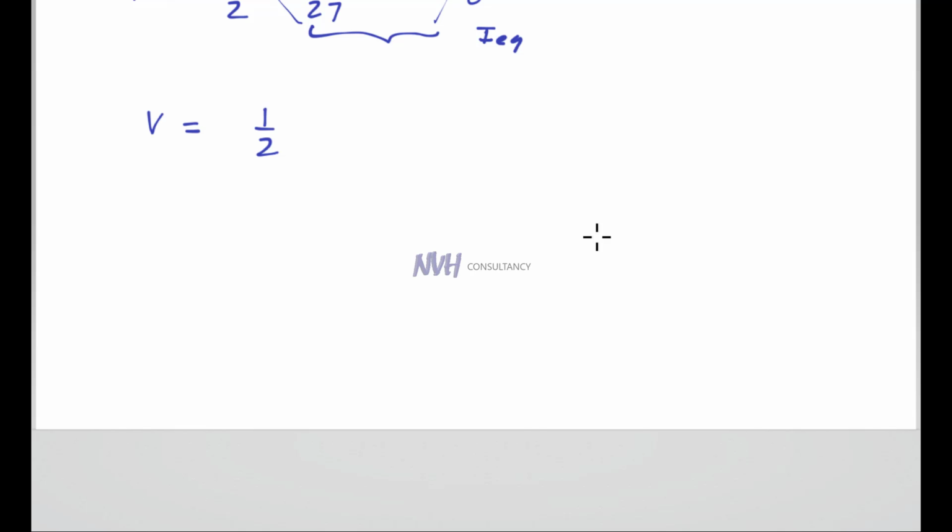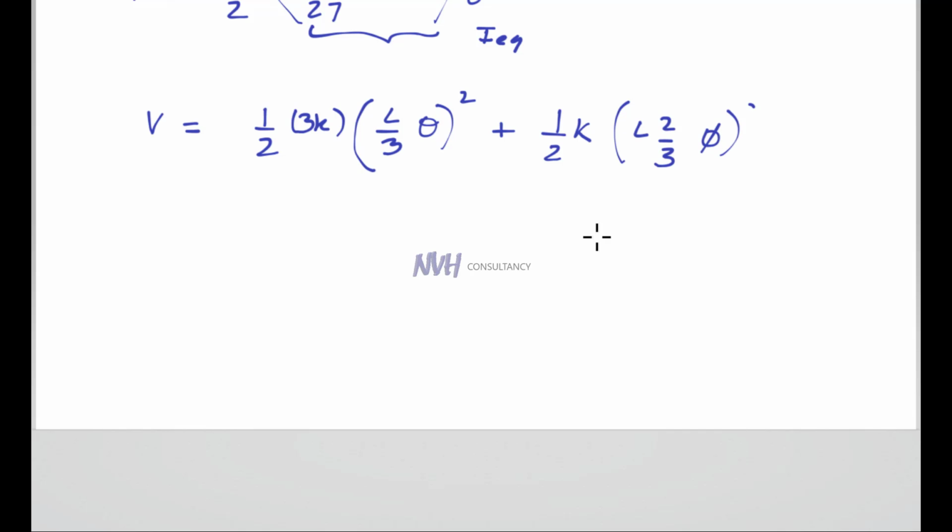The k in this case for the rod AB is nothing but 3k, and the distance x is equal to L by 3 from the pinned location, plus for the rod CD you will have half k, and then the distance from the pinned location of the spring is 2L by 3 times the angle, which is phi in this case.